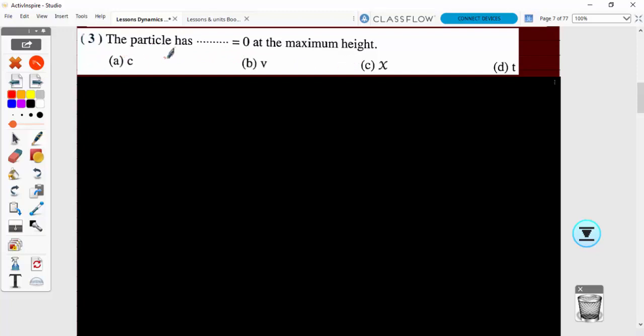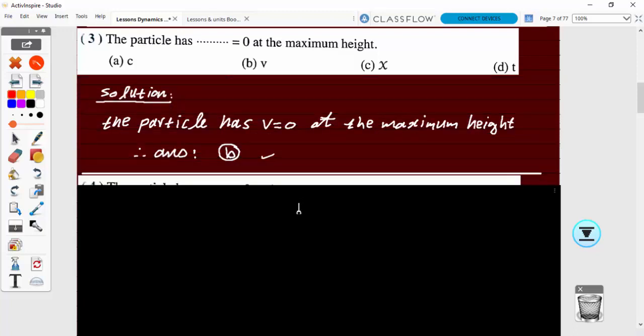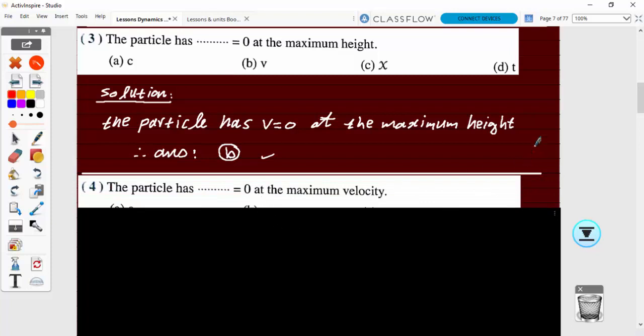The particle has c equals 0 or v equals 0 or x equals 0 or t equals 0 at maximum height. Of course, if a particle moves vertically upward, at a certain moment it will stop.